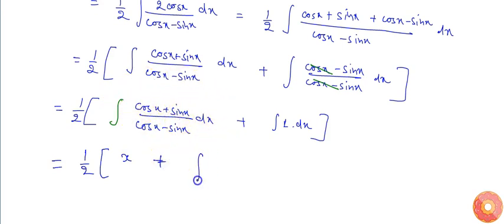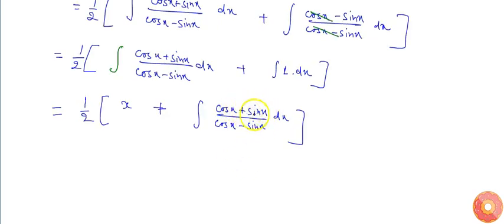Now I need to find out the integration of this expression. Here I can see that the derivative of cos x minus sin x, which is minus sin x minus cos x, is available in the numerator of the expression.